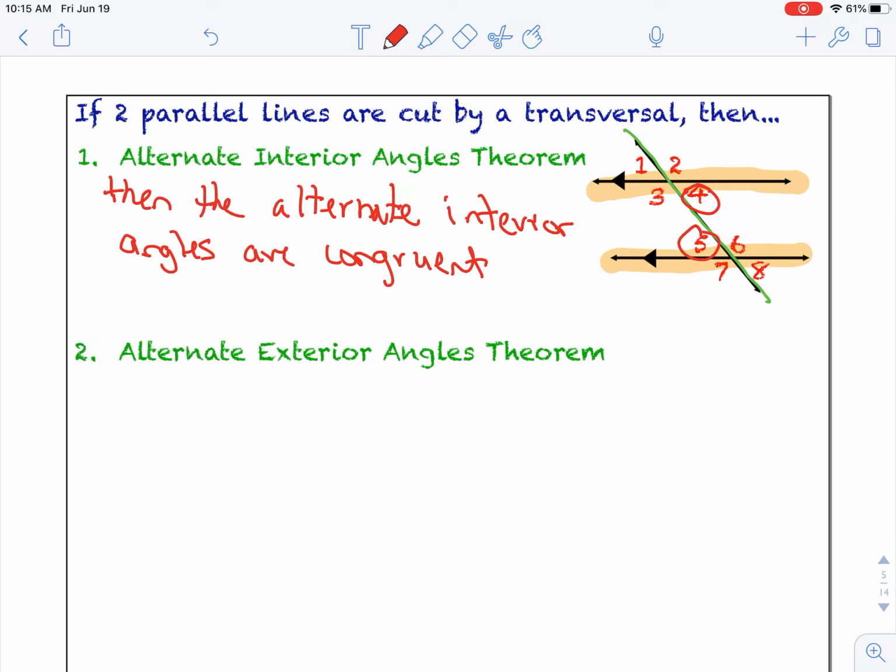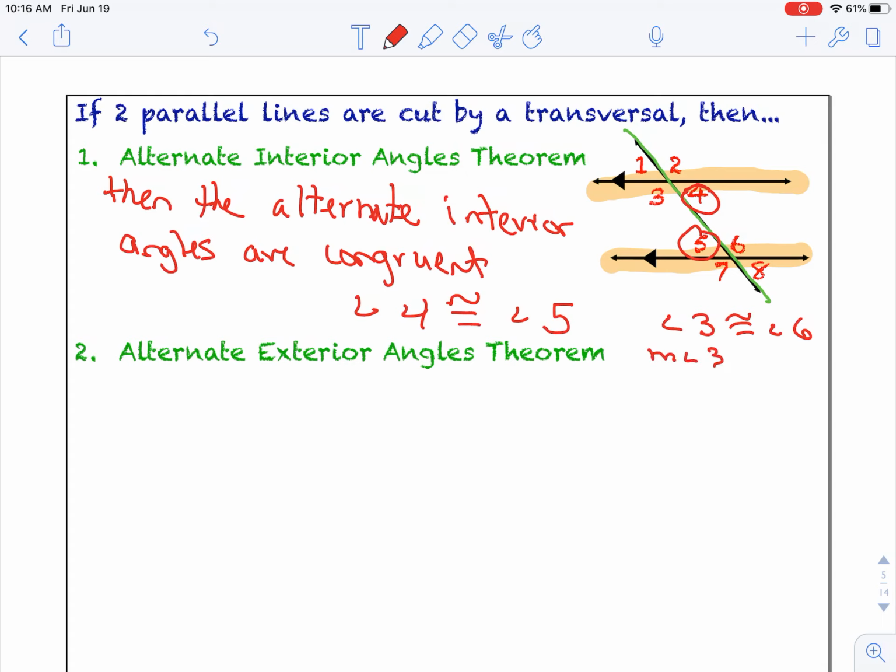So what that means is angle 4 and angle 5 will be congruent. So angle 4 is congruent to angle 5. And also angle 3 is congruent to angle 6.